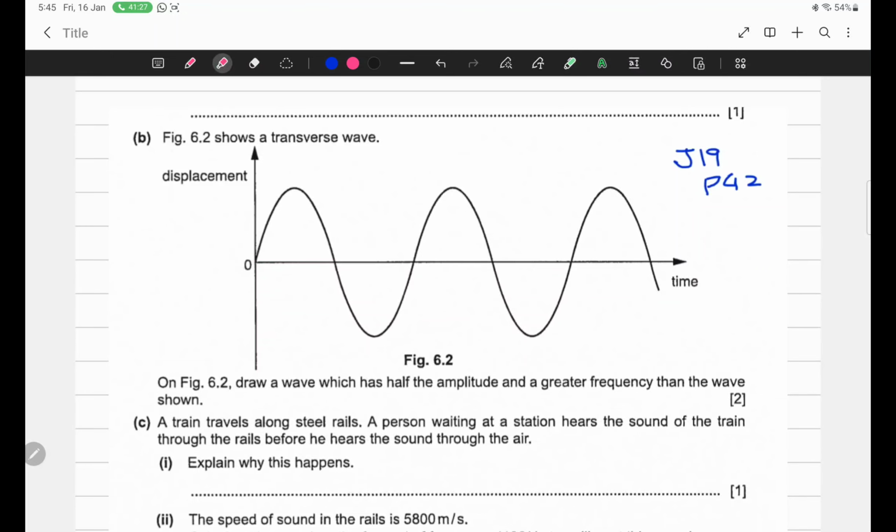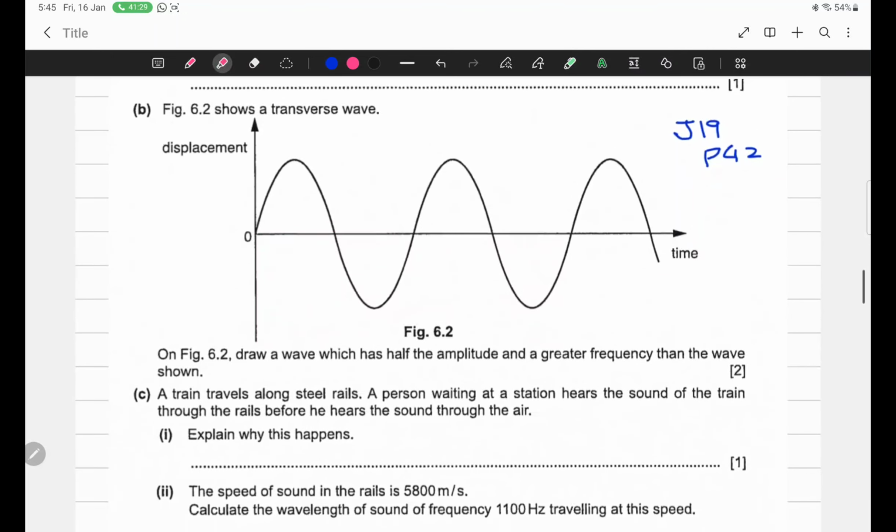Okay, this is a new concept, and now I'm solving a question. You are given a transverse wave and you have to draw another wave which has half amplitude.